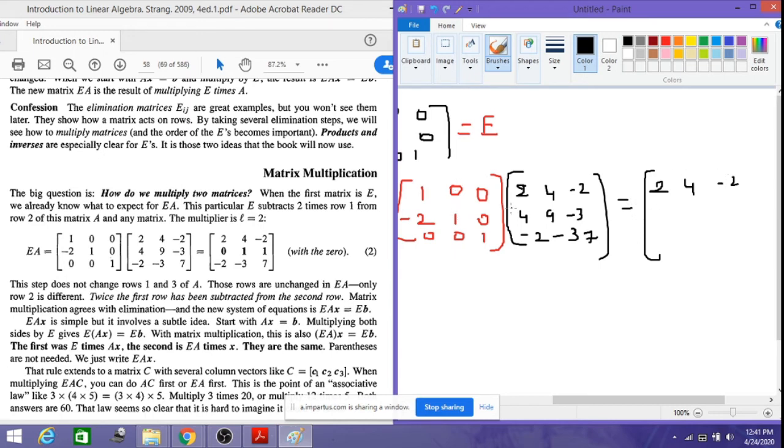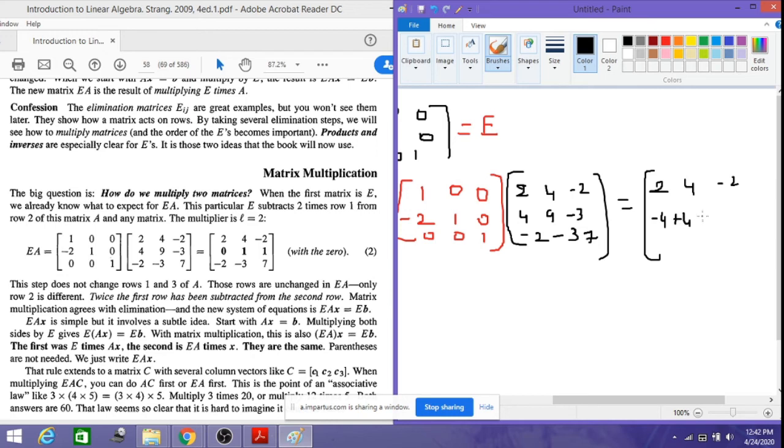Now to get back the second row, all other values should be 0 and the middle value should be 1. But here we have added one new component, that is minus 2. So now 2 into 2 minus 2 is minus 4, plus 4.